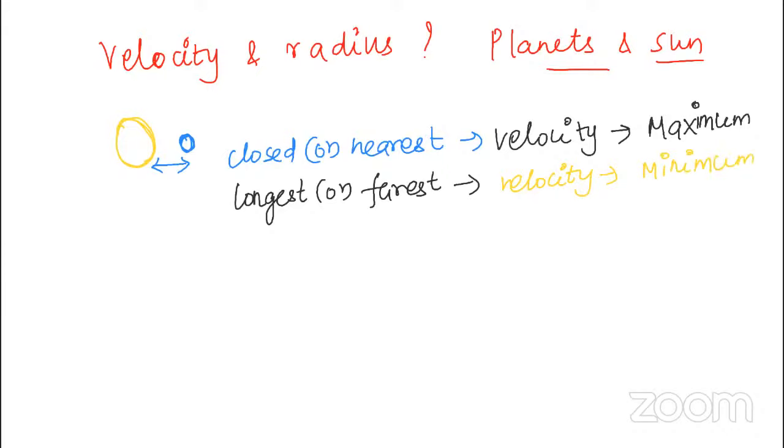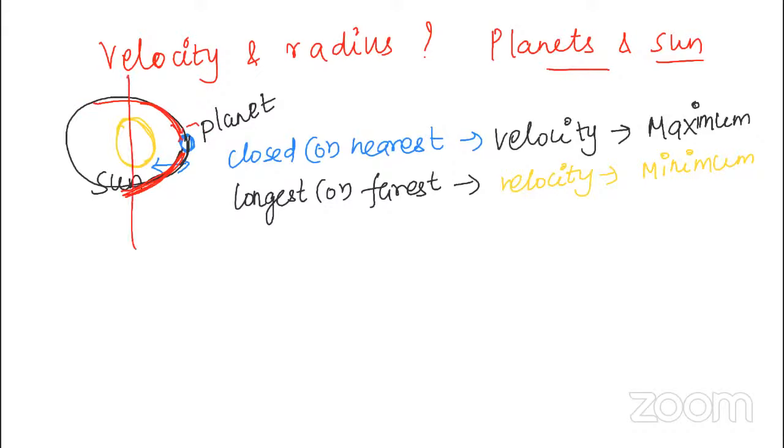So simply we can say that it is a sun and it is our planet. It is revolving around the sun in an elliptical orbit. If it is nearer to the surface of the sun, the velocity will be maximum.